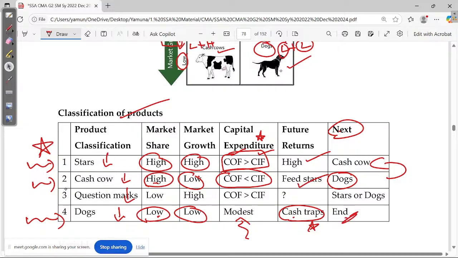In between, you may face a situation. It goes like this: stars, cash cows, and dogs. Sometimes in between, there may be a position where your share is low but market growth is high. In this case, you may be expecting the same as a star, but what is the future return? If you go for 1 and 3, stars and question mark, it looks somewhat the same. The only difference is, let me clean the board and come again.